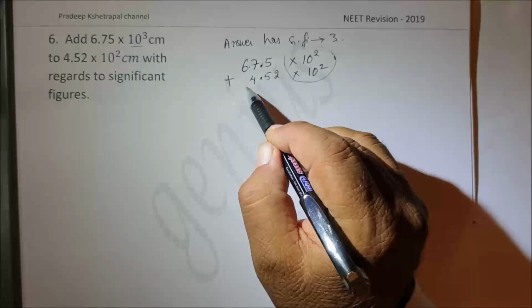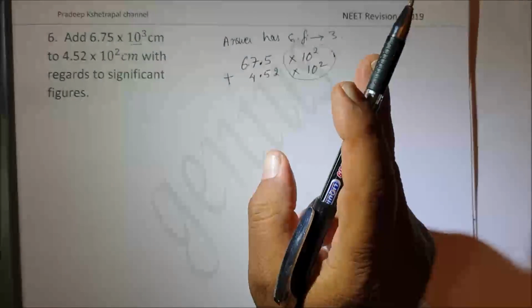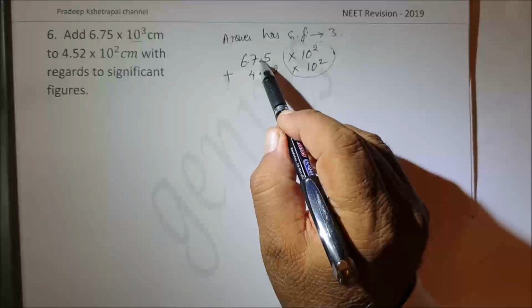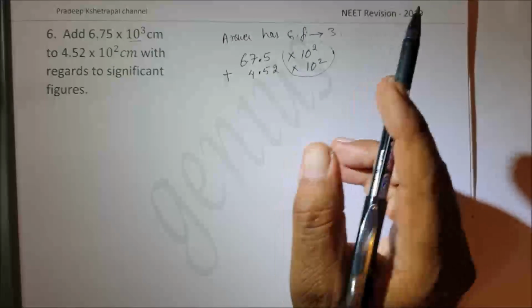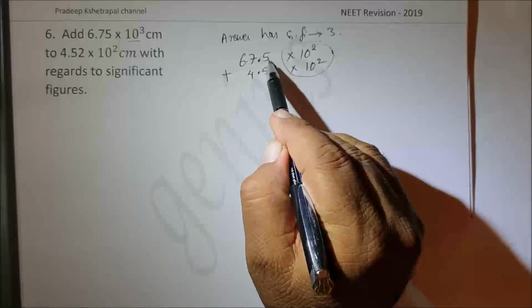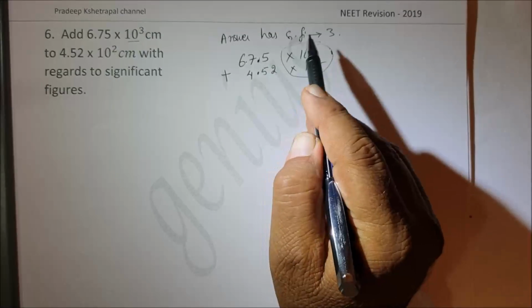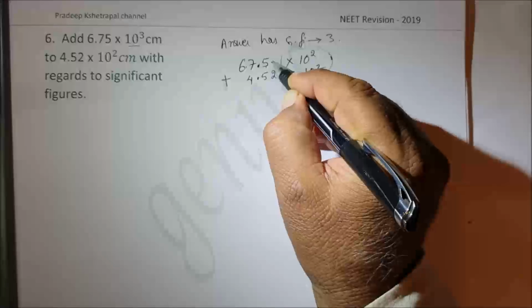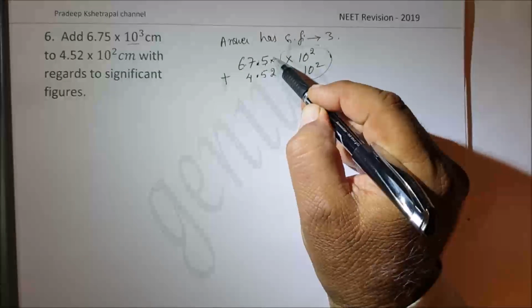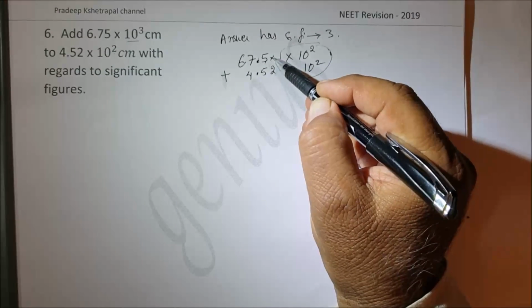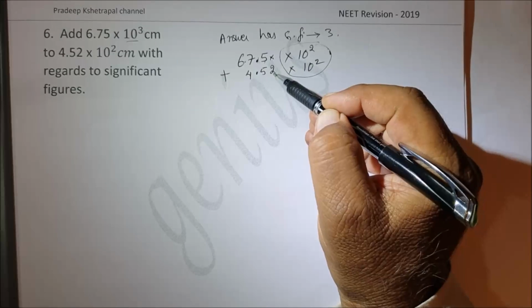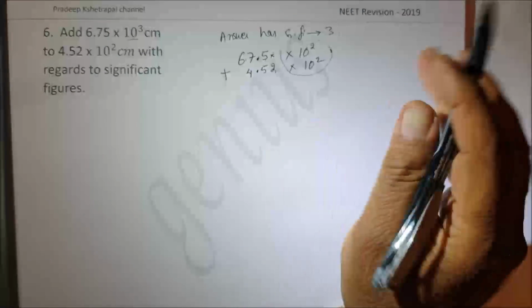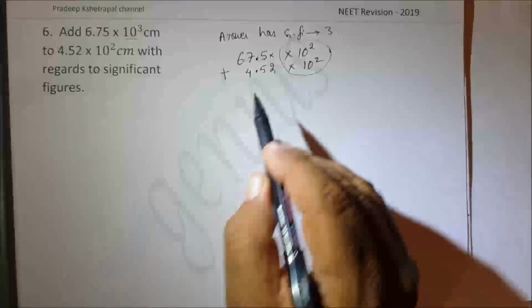For addition in decimal quantities, what we are seeing for is the places after decimal. Now this 5 is significant and there is nothing here. Because this is uncertain, there is nothing here. It cannot be added with this. So this 2 is non-significant.